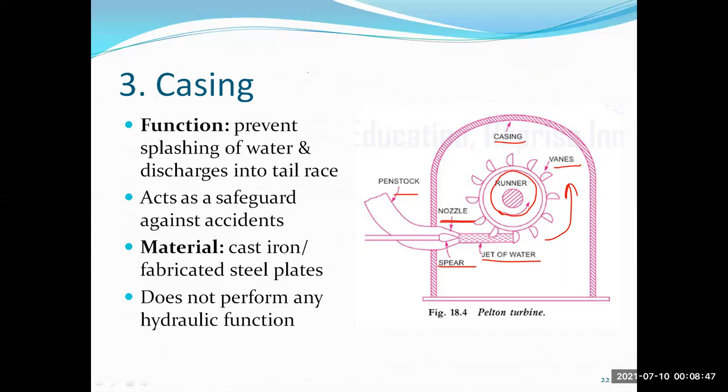What is the function of this casing? It is to avoid the splashing of water. Once the jet strikes, the water will splash like this. To avoid that splashing and to discharge that water into the tail race channel, the casing is provided.